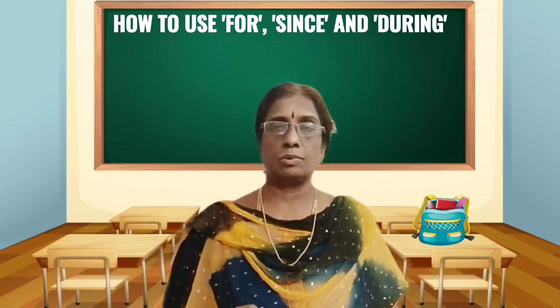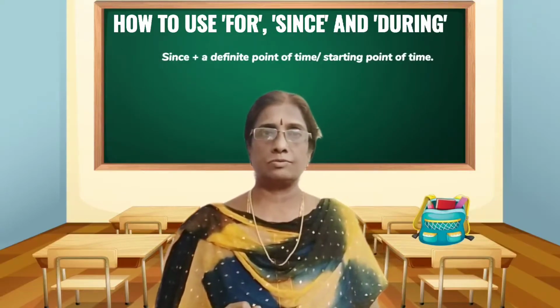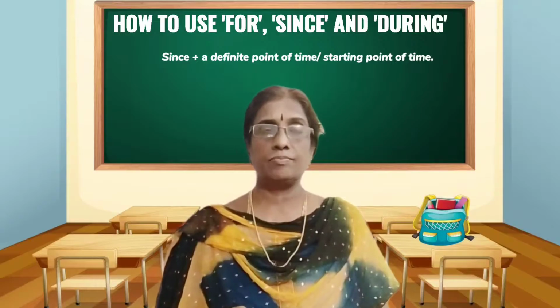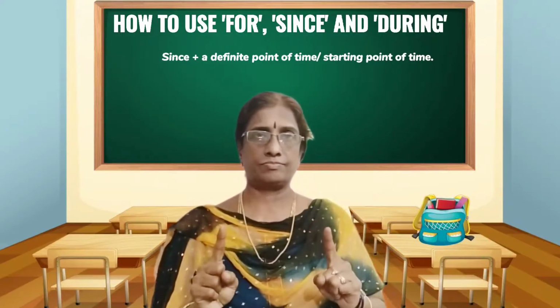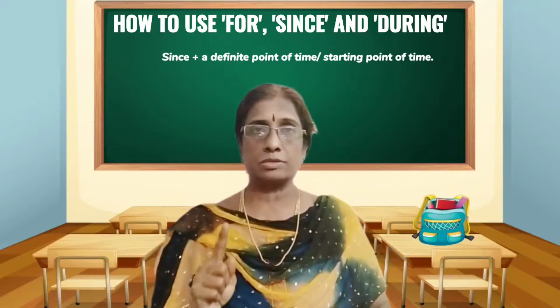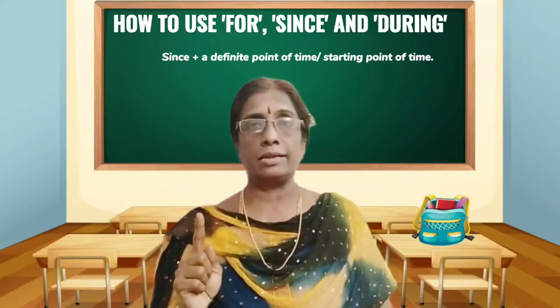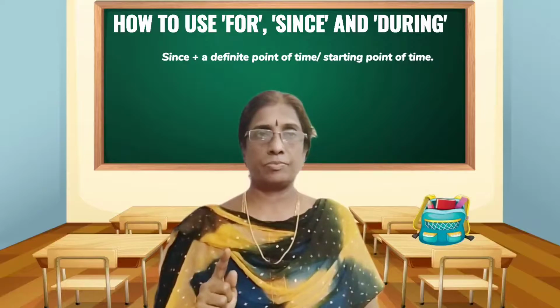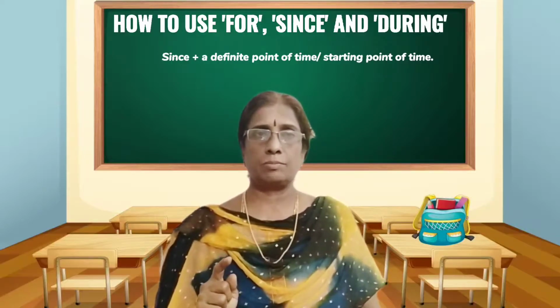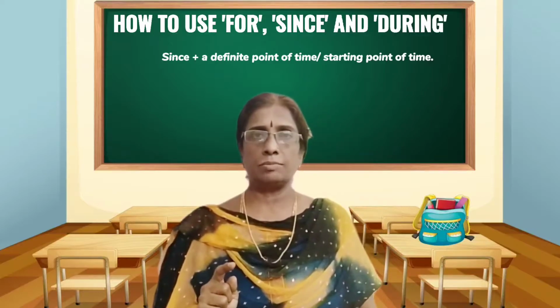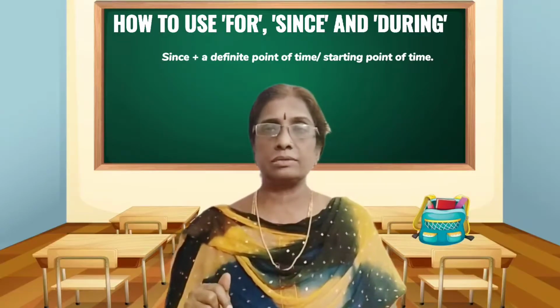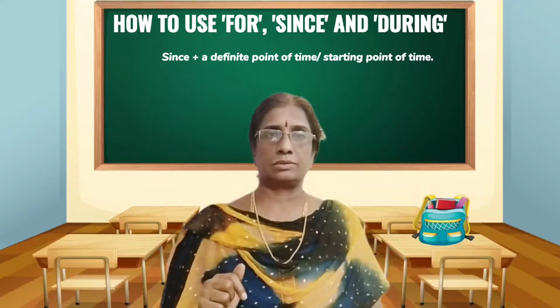Now the next word is the use of since in a sentence. Since is used for a definite point of time, for the starting point of time of an action or event. We use since with a point in time in the past and normally use it with present, past and future tense.